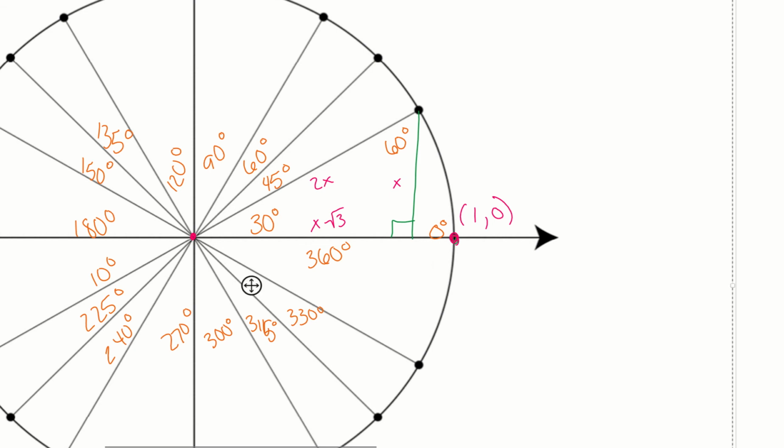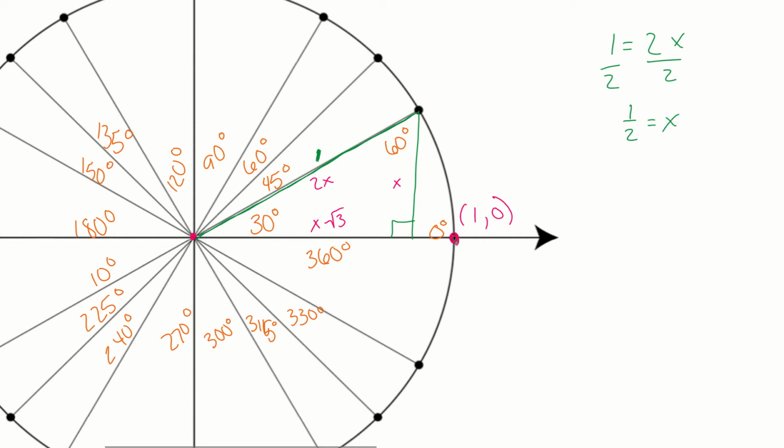The only measurement I know is my radius. So I know that this is going to be 1, because we have been told that the radius equals 1. So for all these lines, we know that they all have a length of 1. All right, since that is 1, in order to find x, I'm going to say that 1 equals 2x. So if I divide by 2, I'm going to have 1/2 equals x. So that gives me this length over here, 1/2.